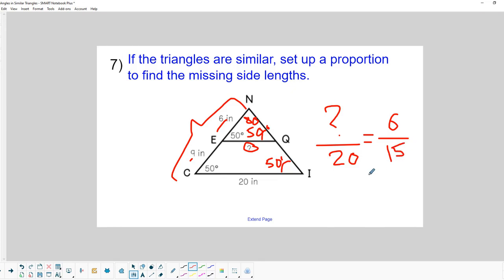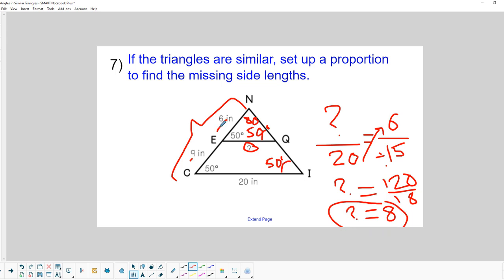All right, so now when we cross multiply and divide, we do 20 times 6, which is 120. So question mark is going to end up being 120 when we multiply right there. And then we divide by 15. So when we divide that by 15, we get 8. So our missing side length is 8 on that one.